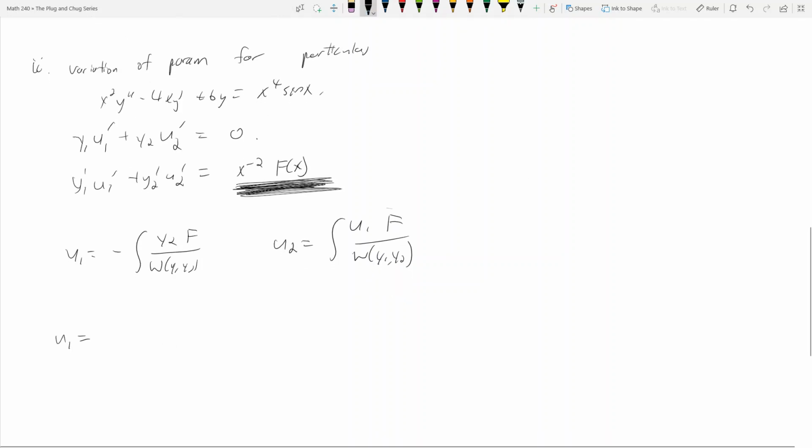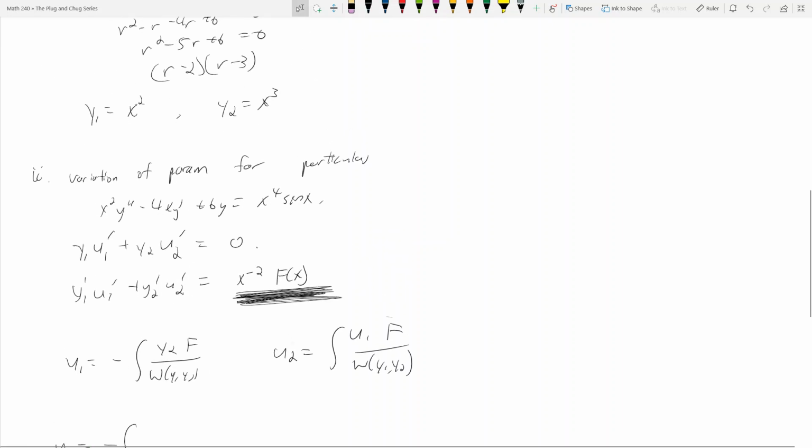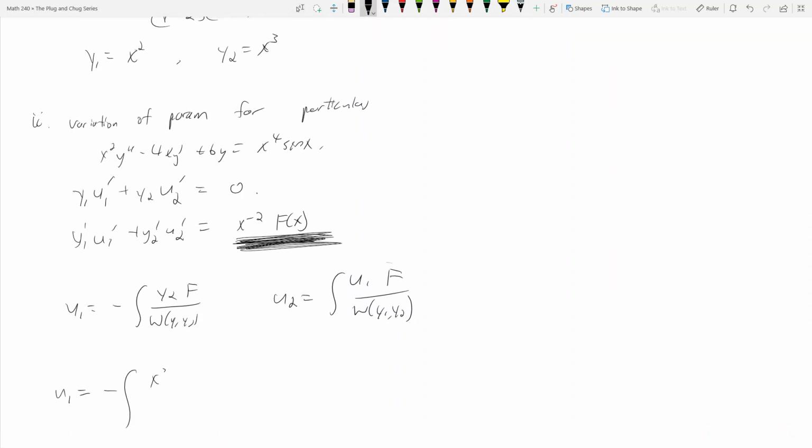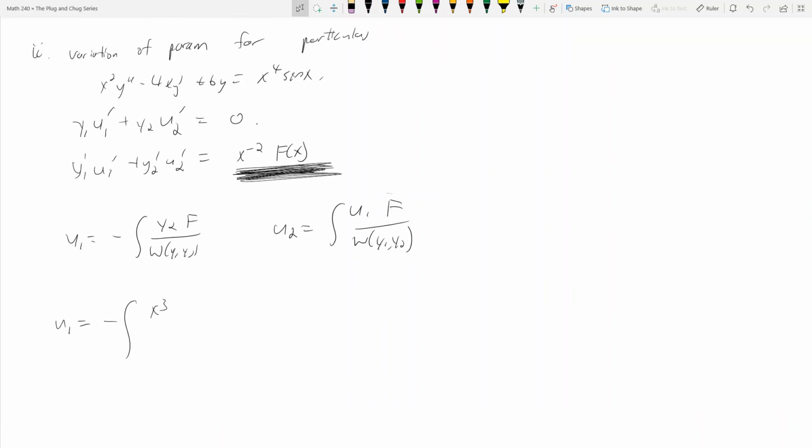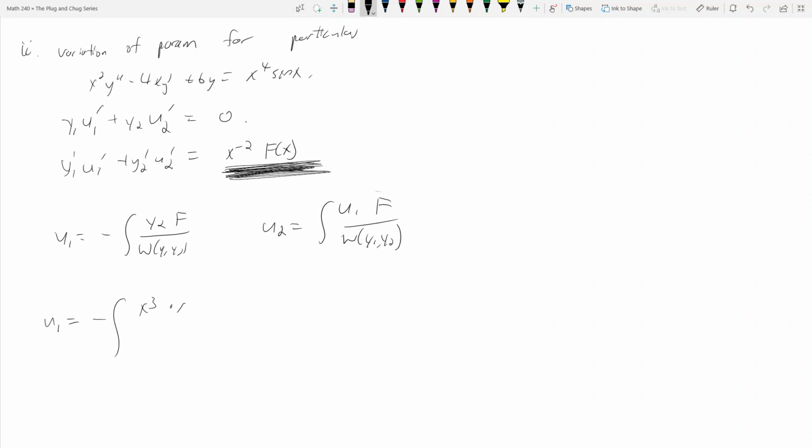So if we solve for u1, that becomes the negative integral of y2, which I don't remember what y2 was. Oh, it's x cubed. And then f of x was x to the 4th sine x, but you have to multiply it by x to the negative 2.